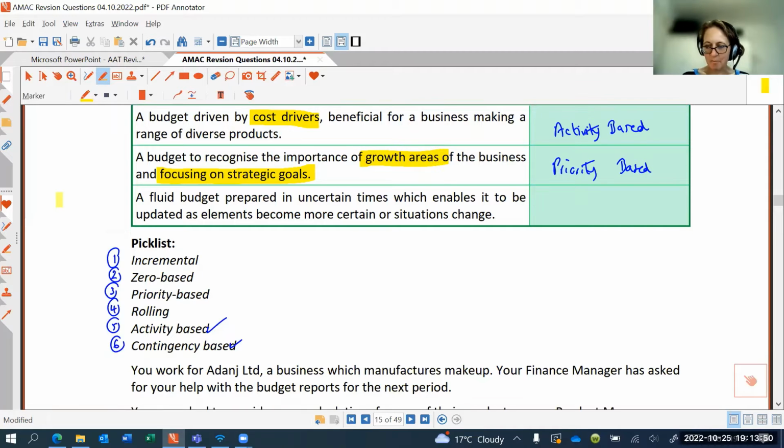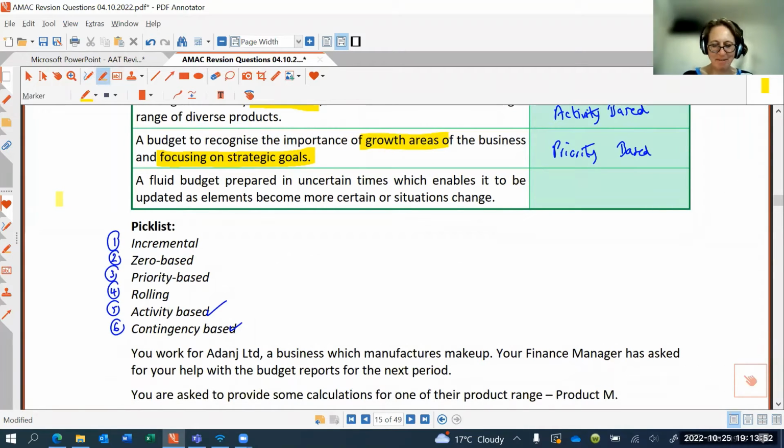And then the last one, I might have sort of given this one away when we did the first one, but let's have a look. A fluid budget prepared in uncertain times, which enables it to be updated as elements become more certain or situations change. Of course, that one is a rolling budget approach.